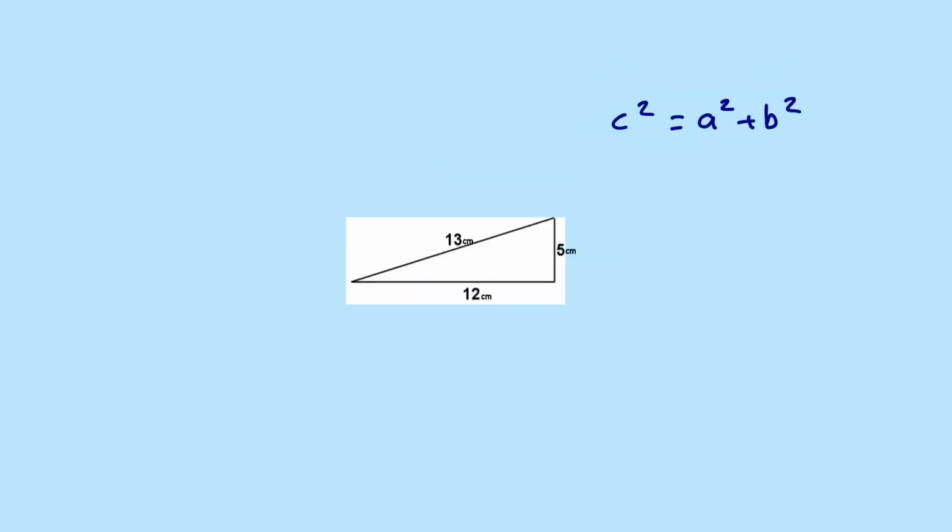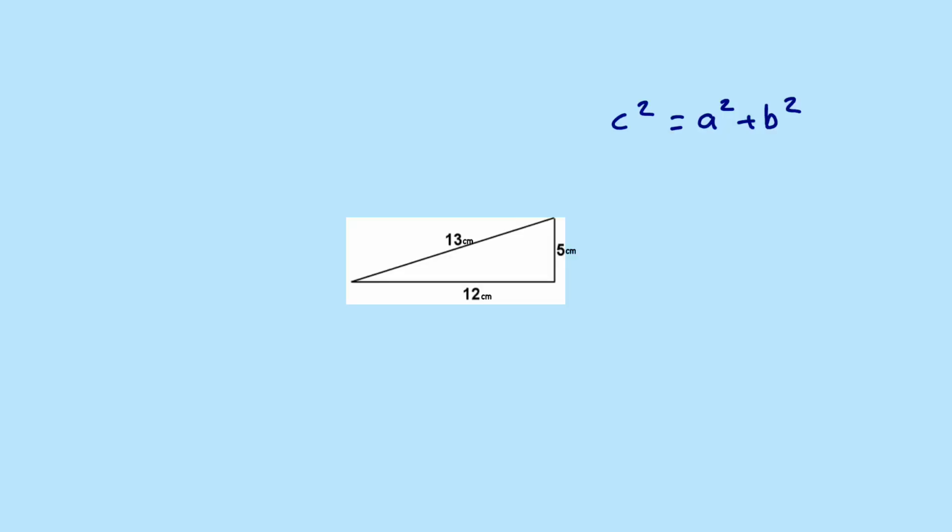Every time you use Pythagoras' theorem, it's not necessary to draw squares on these three sides. All you need to remember is that you're squaring each of the sides. So you're squaring the 13, you're squaring the 5, and you're squaring the 12.